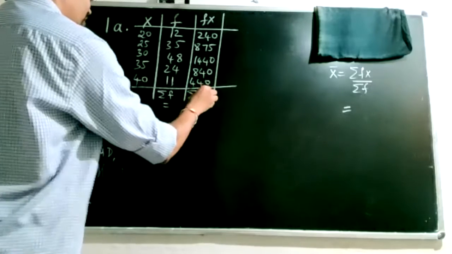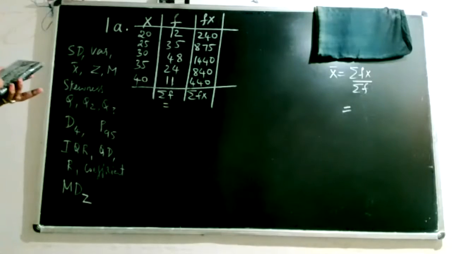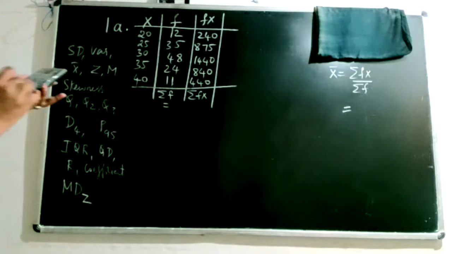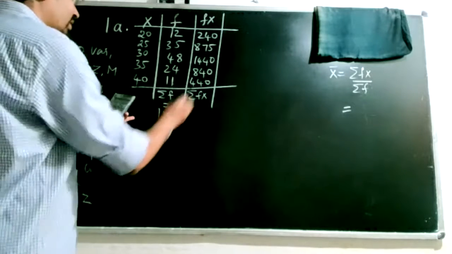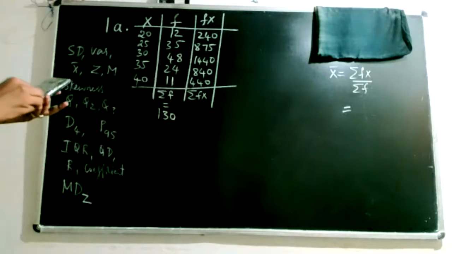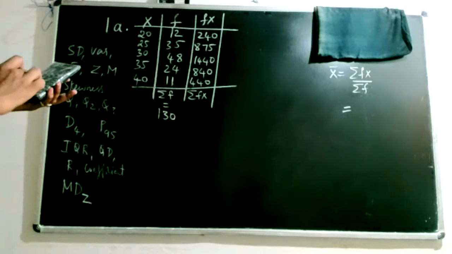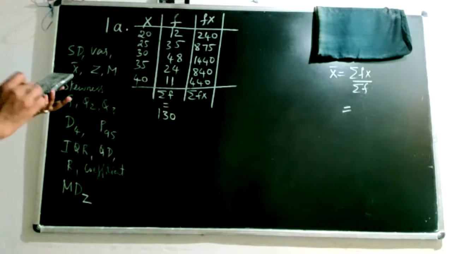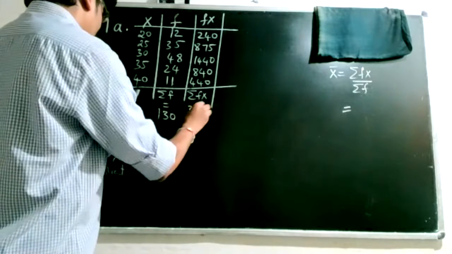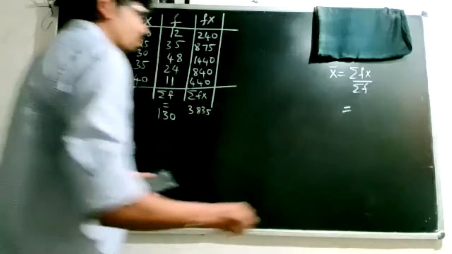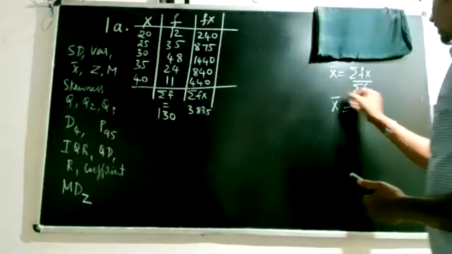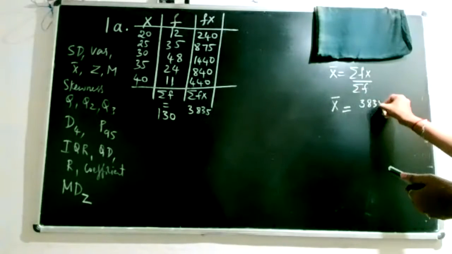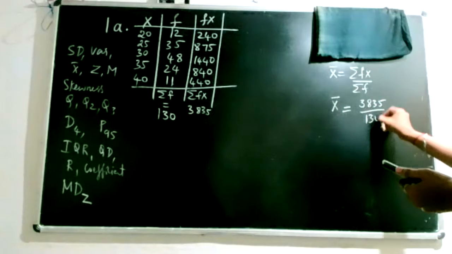Now obtain the total. 12 plus 35 plus 48 plus 24 plus 11 comes to 130. And the total of f into x, 240 plus 875, 1440 plus 840 plus 440, is 3835. So we have mean is equal to 3835 divided by 130.